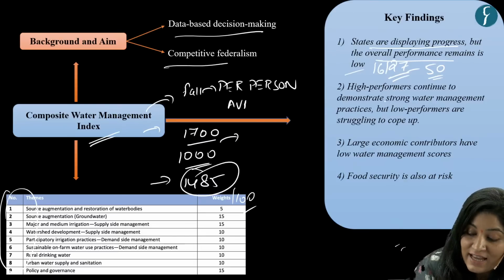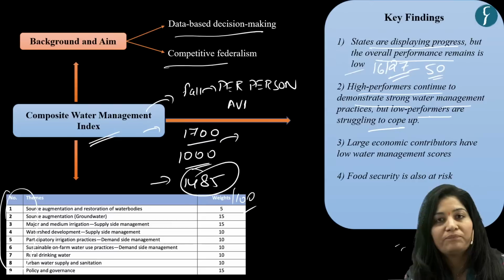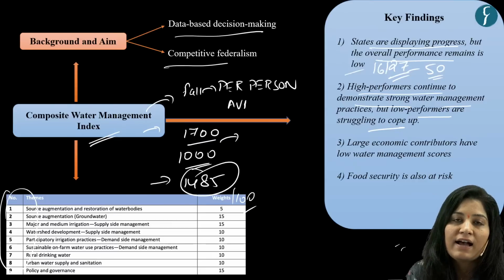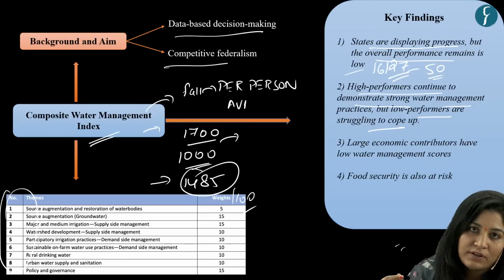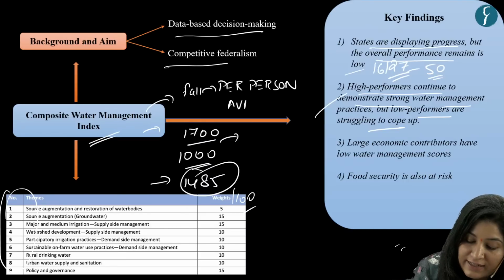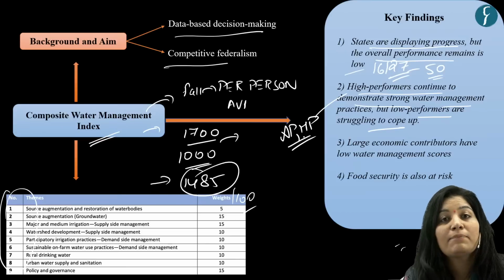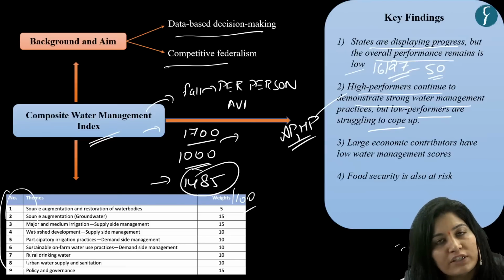The next is: high performers continue to demonstrate strong water management practices, but low performers are struggling to cope up. See, there's an irony that high performers are going up. High performing states like Andhra Pradesh and Himachal Pradesh are performing very well with respect to water management.